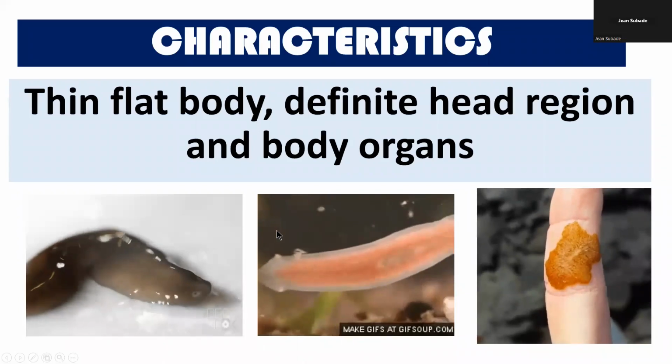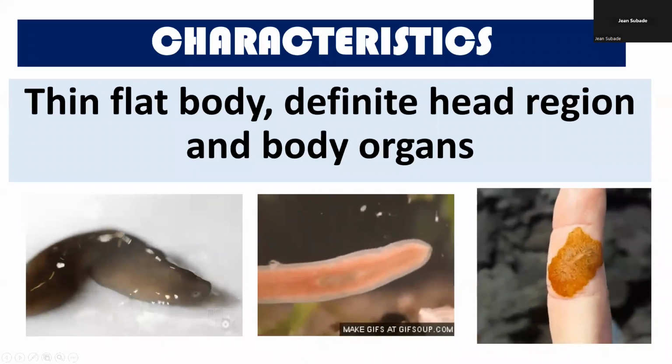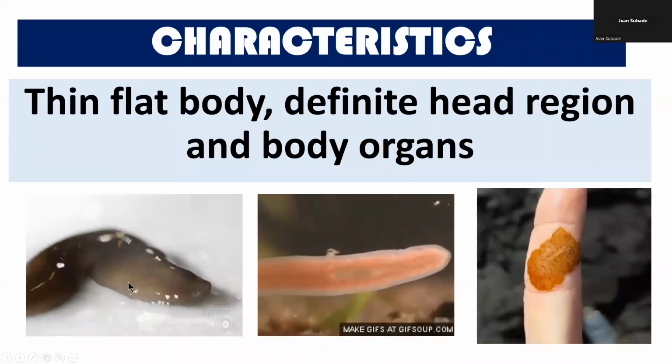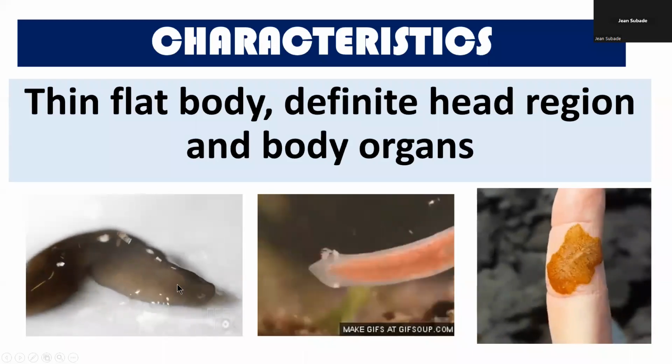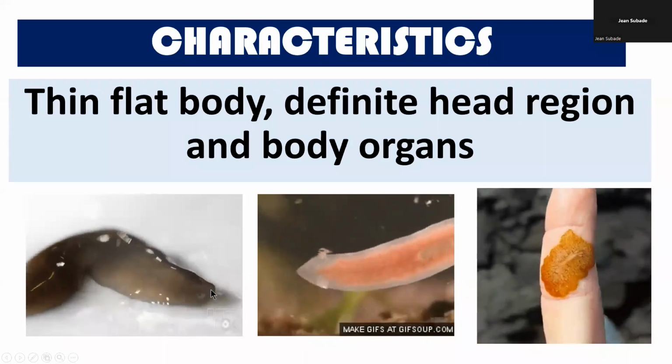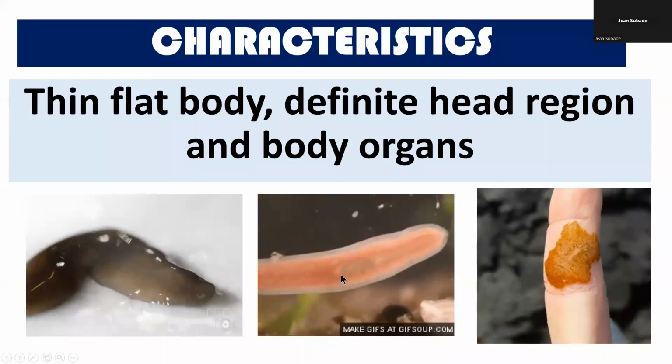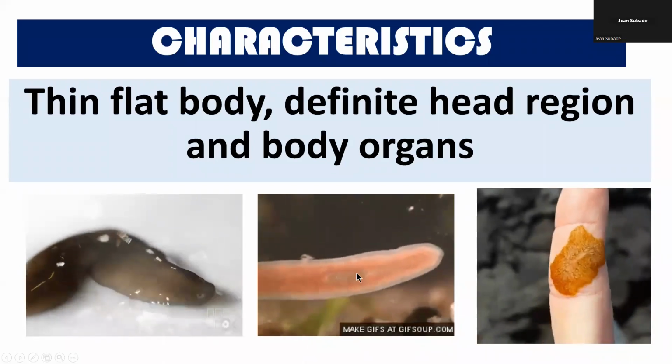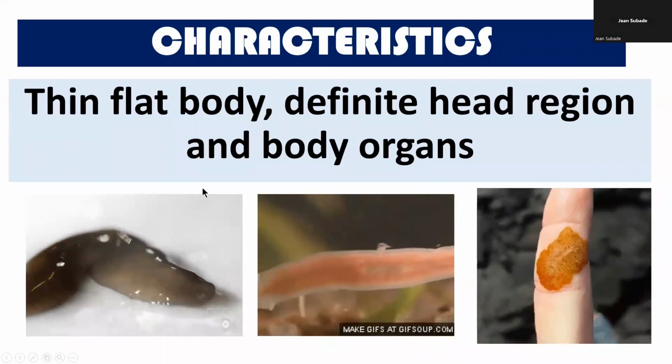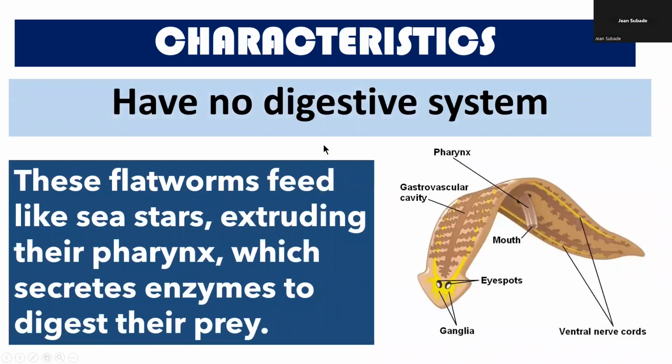Based on their body characteristics, they have a thin, flat body. They have a head region, and they also have internal organs in their body. But they don't have a digestive system like humans do. The body is very simple. These flatworms feed like a sea star.